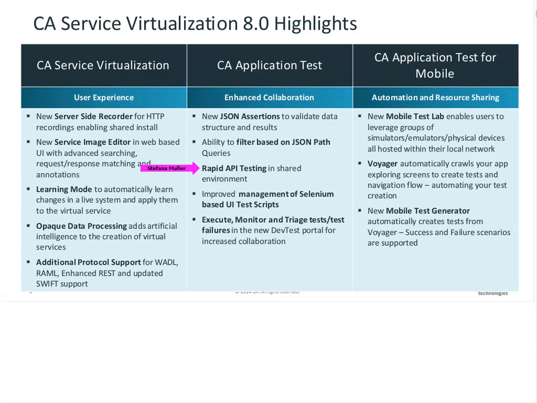But there are two new things I'd like to point out in the new user interface: the rapid API testing, and the ability to execute, monitor, and triage tests, test cases, and failures. These two new areas are in the DevTest portal and allow you to create an API test through RR pairs very quickly and easily.